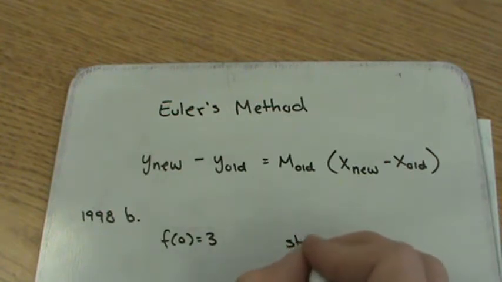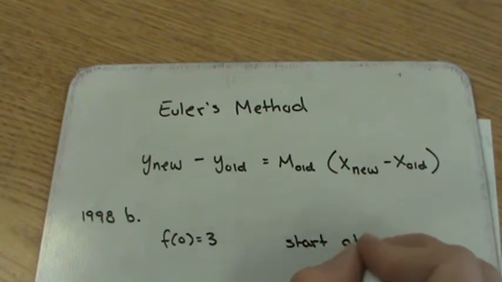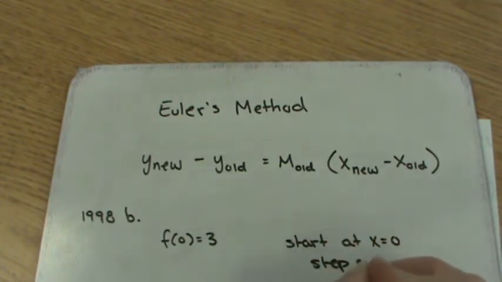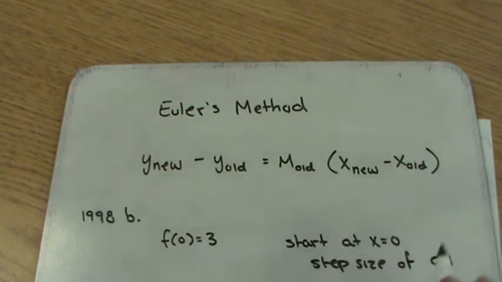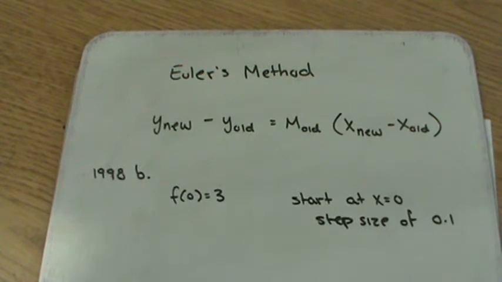So start at x equals 0 with a step size of 0.1. That's essentially how often we're going to recalculate this tangent line.